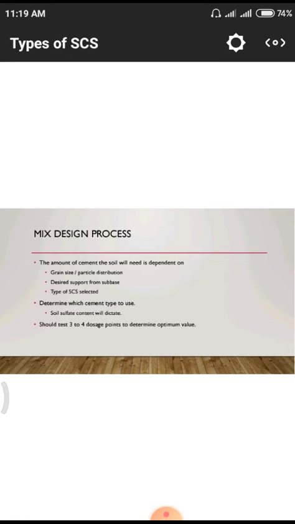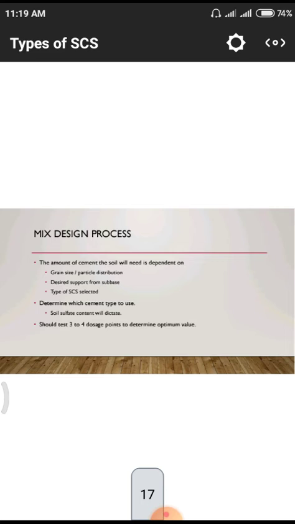Next one, how do we design this mix? The amount of cement and water the soil needs depends upon grain size. If the grain size is very high, automatically it will need a huge amount of water. If the grain size is very small, automatically it needs less water. It totally depends upon the particle sizes.